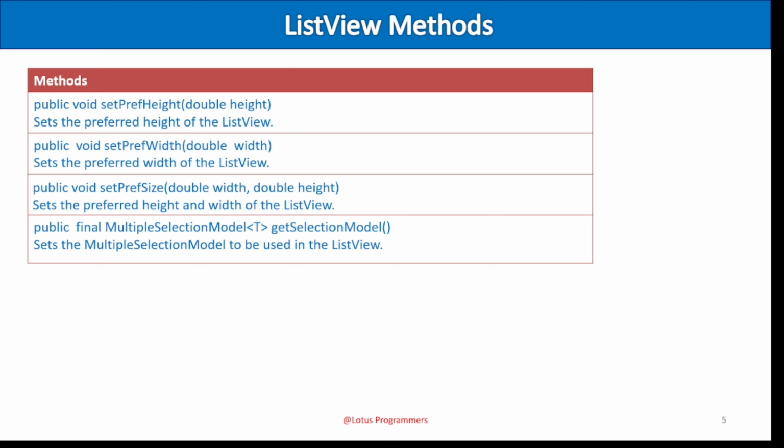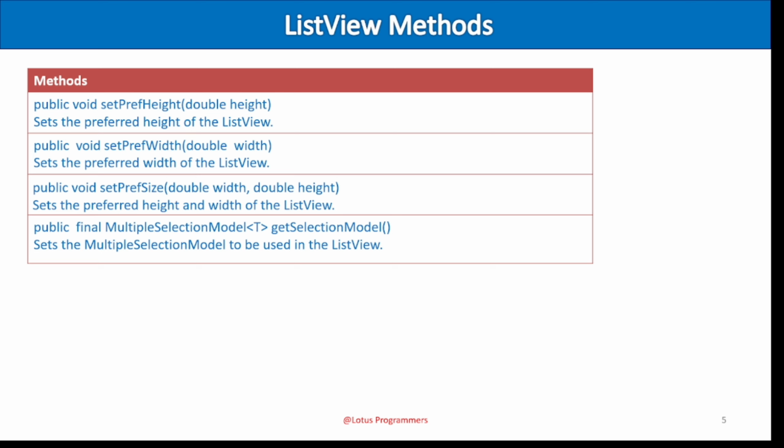Whether the selection model is assigned, either single or multiple, in order to get the selection model, we have to call the getSelectionModel method from the list view. It returns the MultipleSelectionModel object.